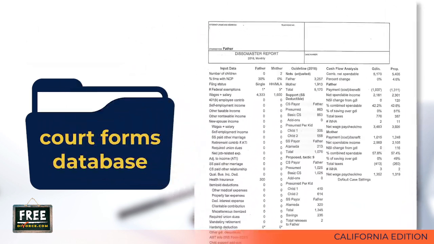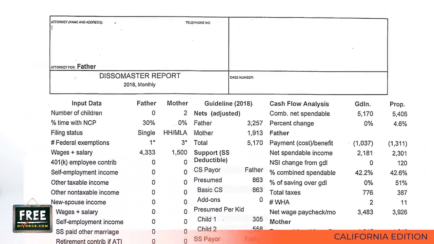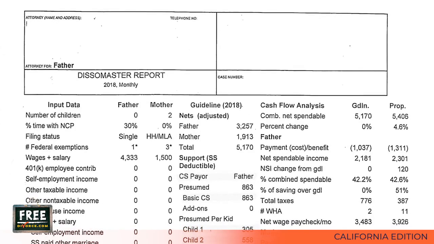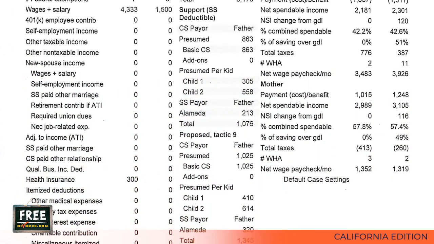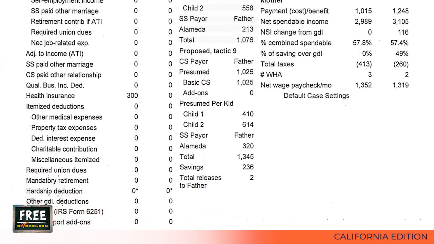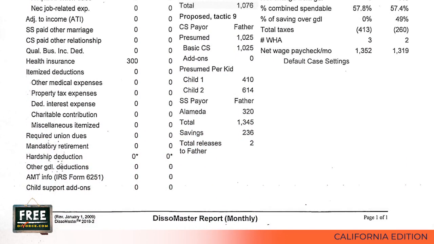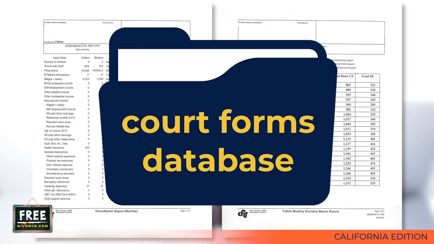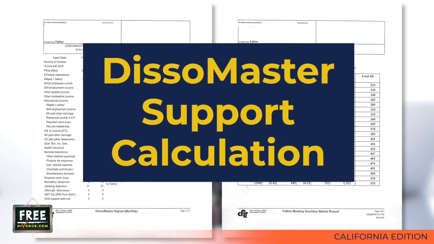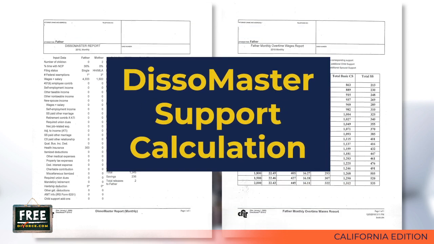This is what the first page of the Dissomaster sample printout looks like. We will be referring to this page throughout this video. We will show you what the Dissomaster sample bonus chart looks like in the next video. Again, you can find both of these pages in our court forms database. The 2 pages are in one PDF entitled Dissomaster Support Calculation.